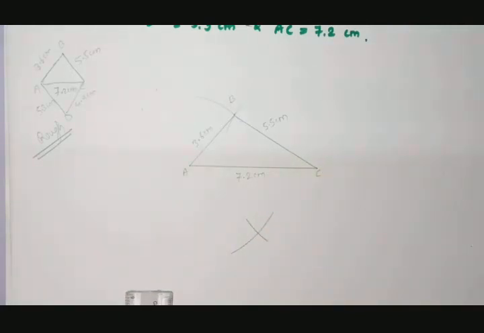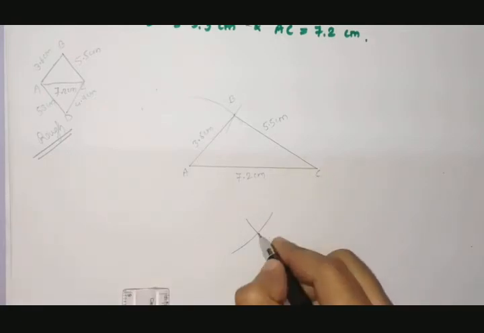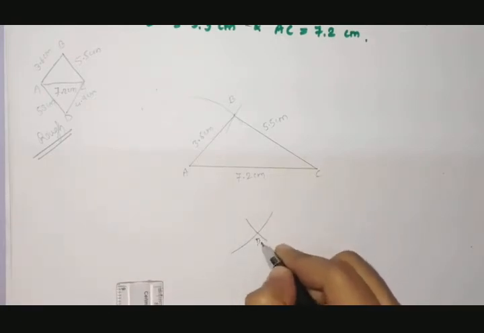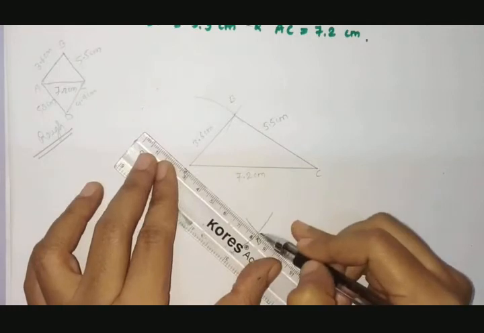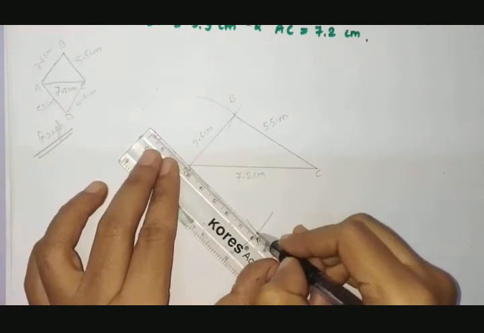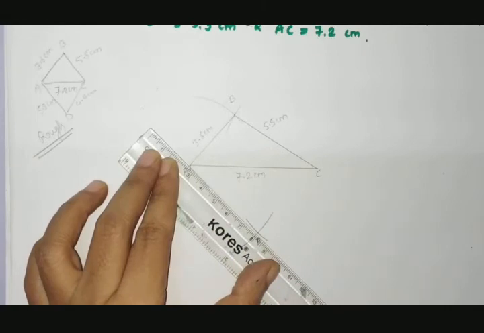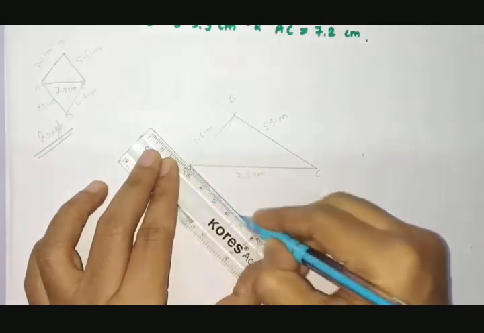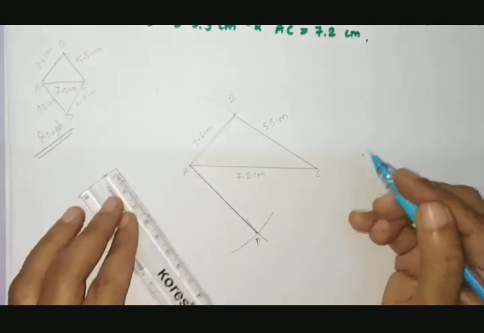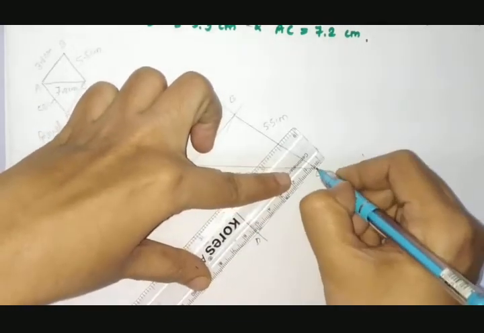So now dear friends, we got this point as D. I'm using a pen now, but you students have to use a pencil only. So here you can draw. This is what you got, AD, and this is your AC measurement.